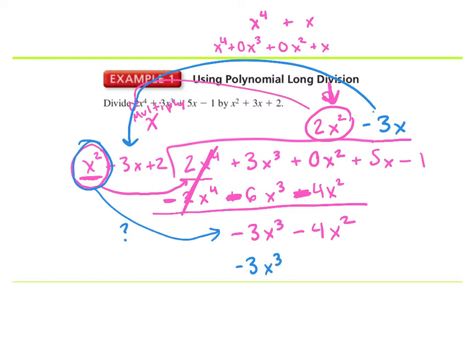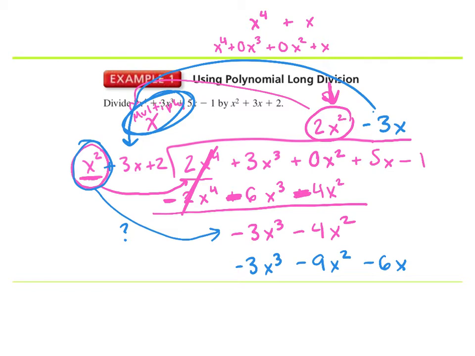Negative 3x cubed. So we'll always get the same term repeating. Now negative 3x times positive 3x. Negative 9x squared. Negative 3x times 2. Negative 6x. So I'm just multiplying the top with what's out front.